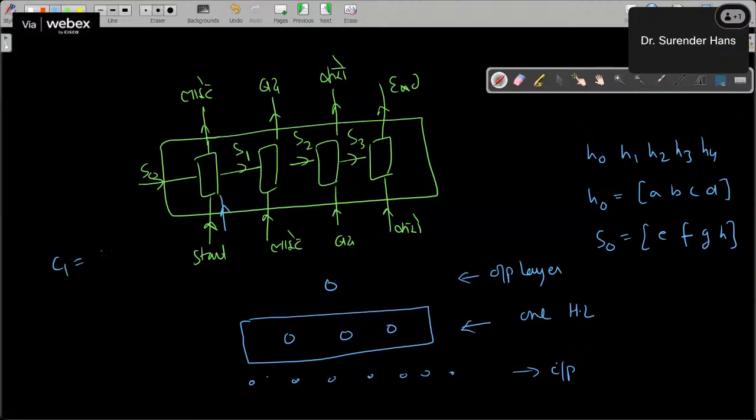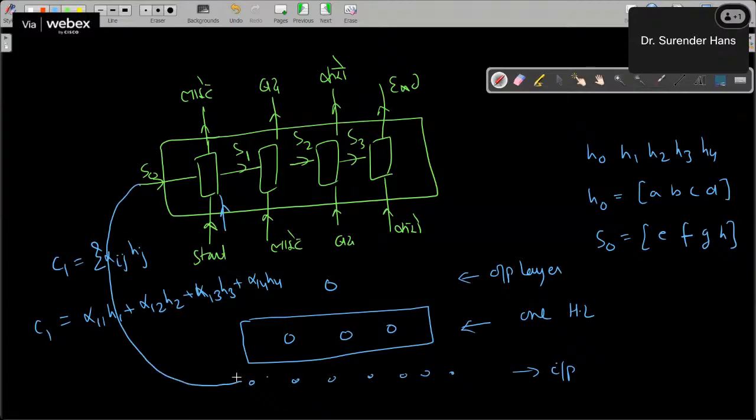C1 is sigma of alpha ij h of j. So that is alpha 11 h1 plus alpha 12 h2 plus alpha 13 h3 plus alpha 14 h4, and this one is CS1. So first of all, you have to bring this S naught and put this S naught here, the input vector.